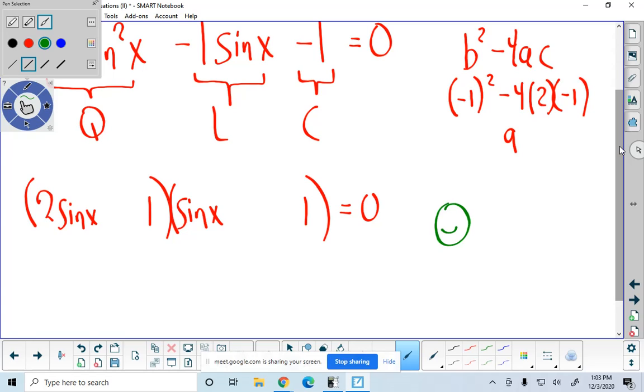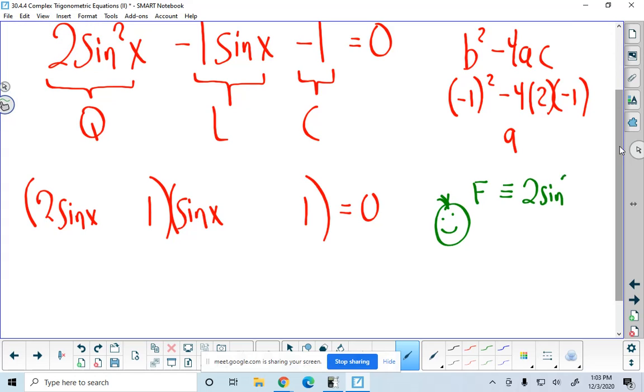If I were to FOIL this out, my first would be 2 sine squared of x, and that's correct. Okay? My last would be 1 times 1, and that's correct. Now, obviously, one of those two numbers needs to be negative to give -1, but I worry about that later.